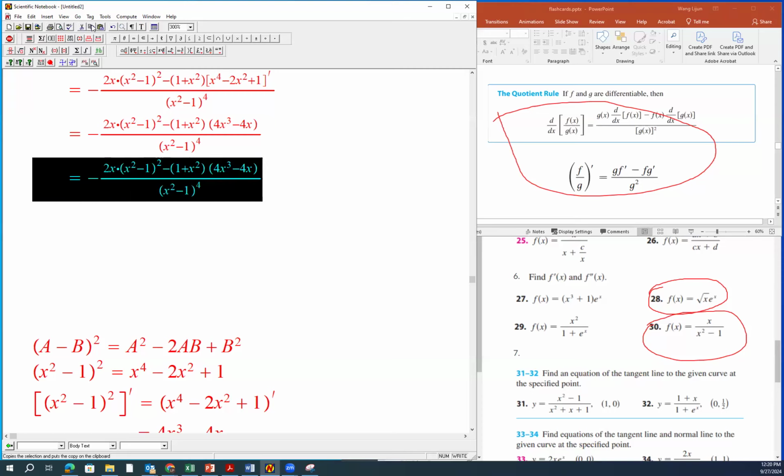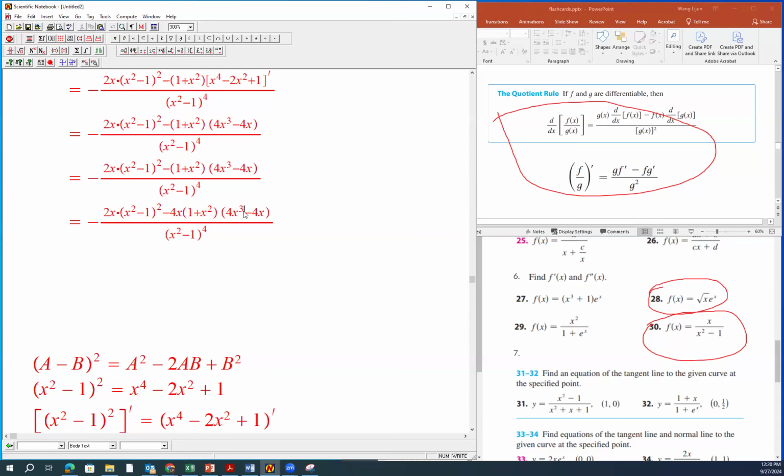I'm really taking my time. I'm going to factor out the 4, factor out the x. So this is going to be x squared. 4x is out.